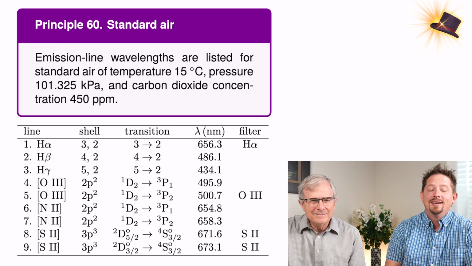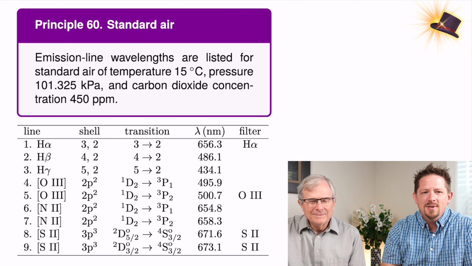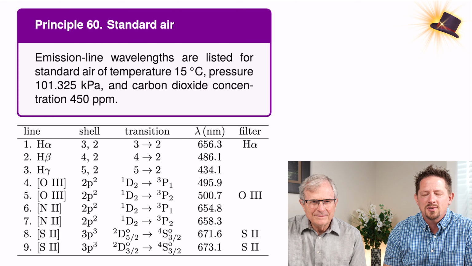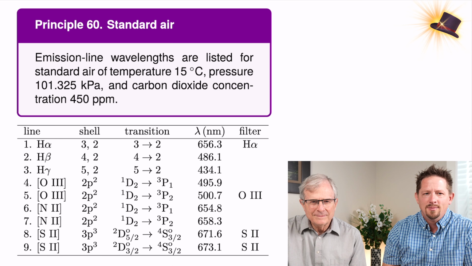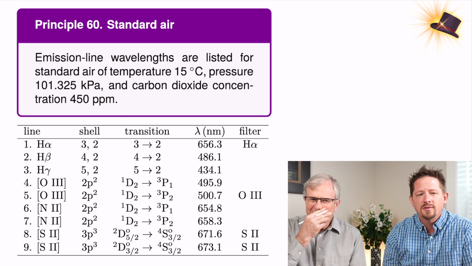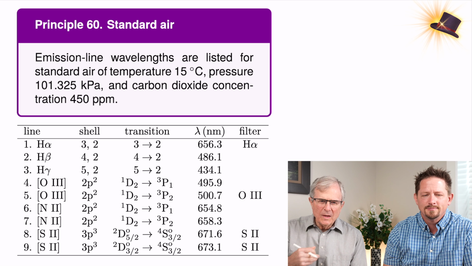Principle 60. Standard air. Emission line wavelengths are listed for standard air of temperature 15 degrees Celsius, pressure 101.325 kilopascals, and carbon dioxide concentration of 450 parts per million.